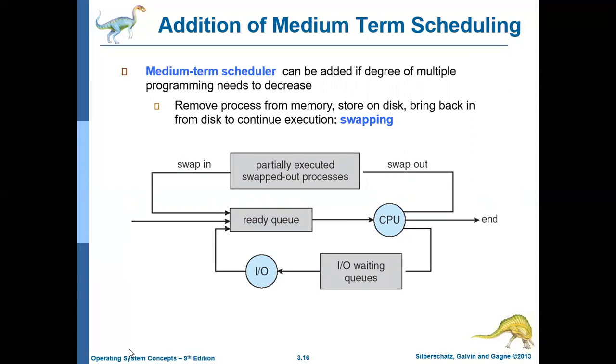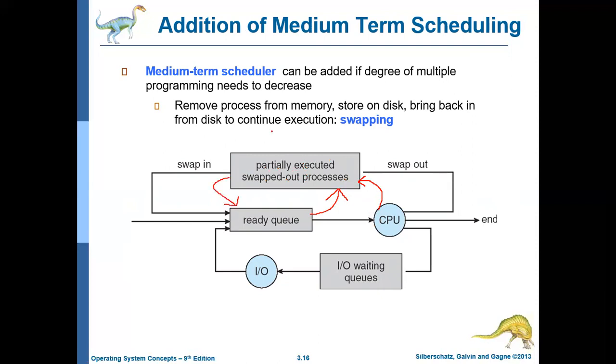It is used to remove certain processes from the ready queue, or the processes that are allocated to the CPU, to the hard disk. It may swap out a few processes to the hard disk, and later after a period of time it may swap in.